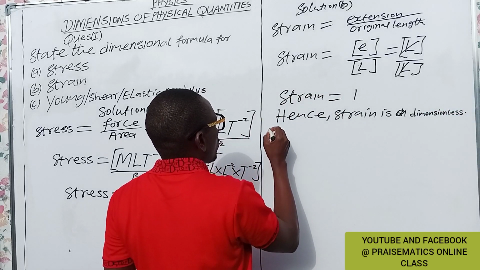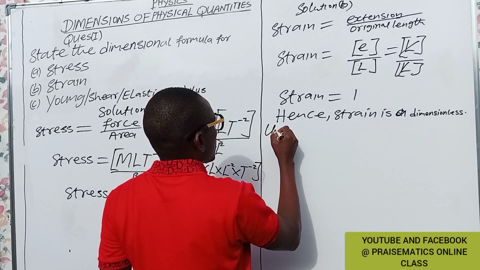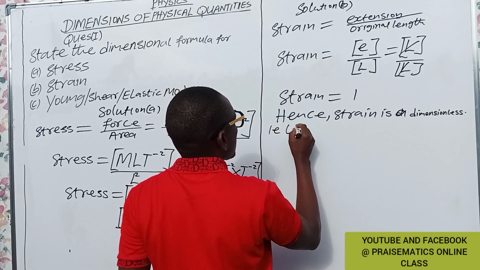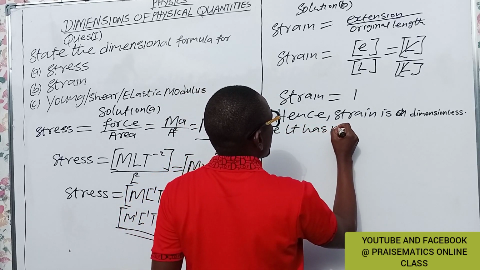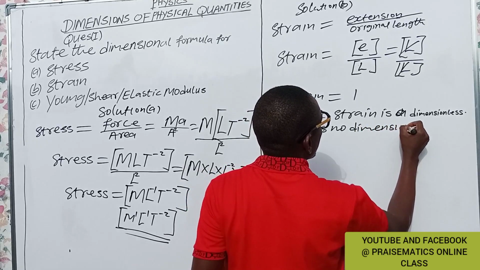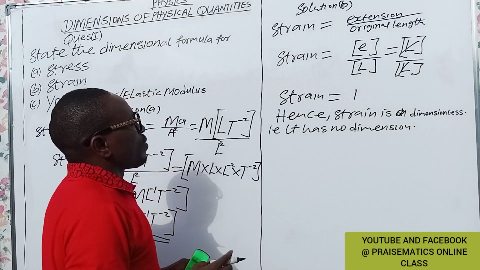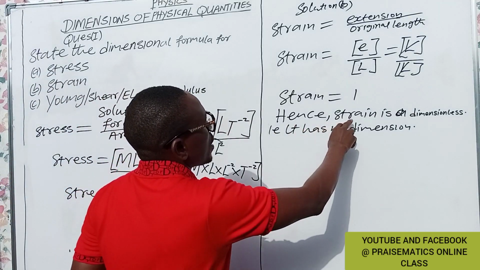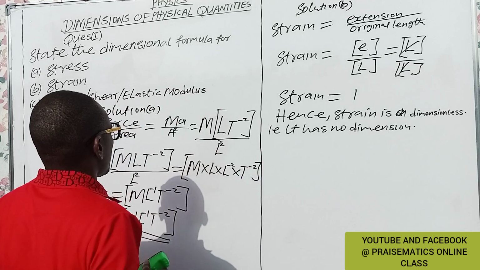So it has no dimension. Strain does not have dimension. It has no dimension. So it is dimensionless.